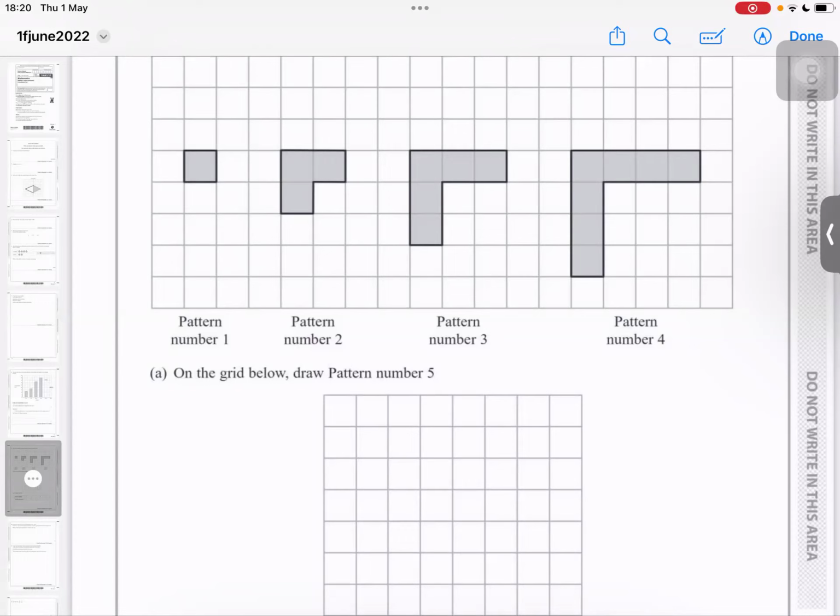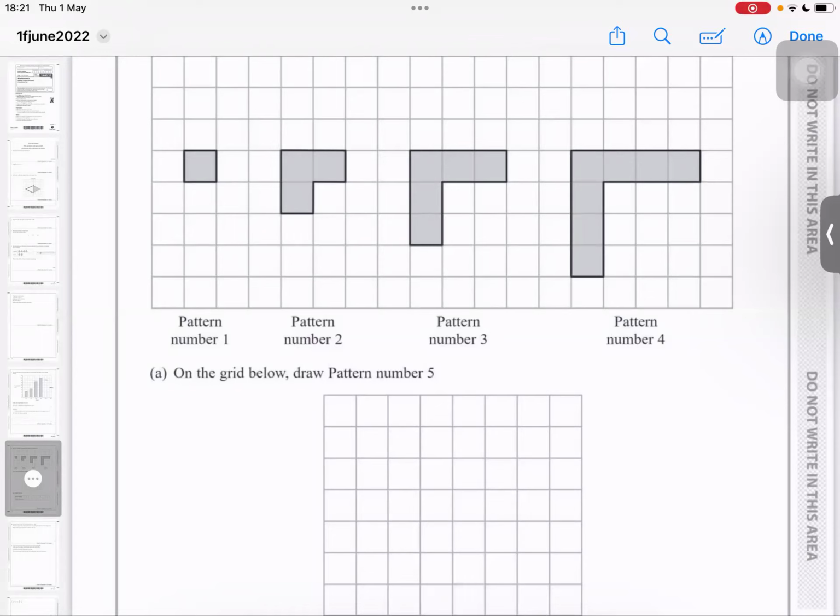So for pattern 5, how many boxes am I going to have? That's going to be 9. 5 boxes up and 5 boxes down.